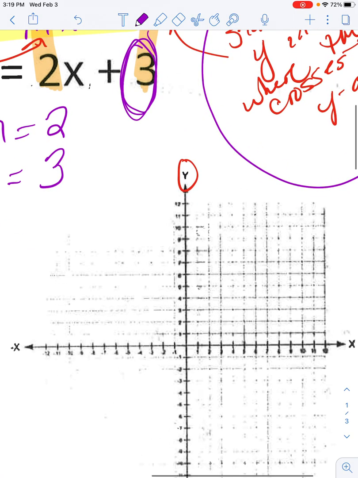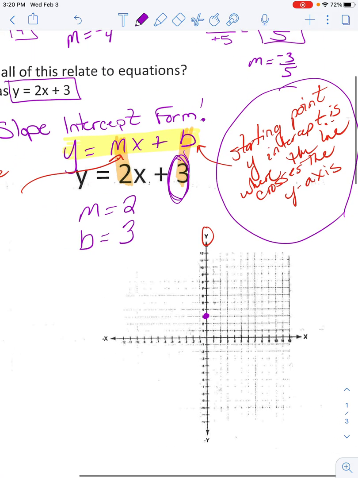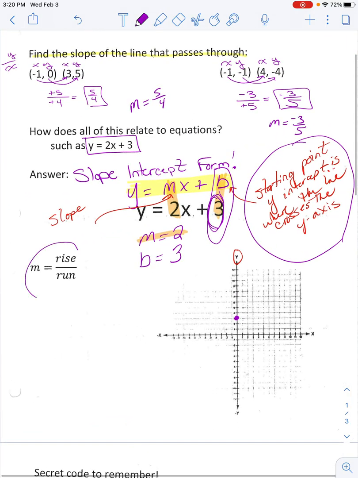So we're going to go up to 3 on the y-axis. It said our y-intercept was 3, so go up to positive 3 on your y-axis. And then our slope is 2, meaning positive 2.